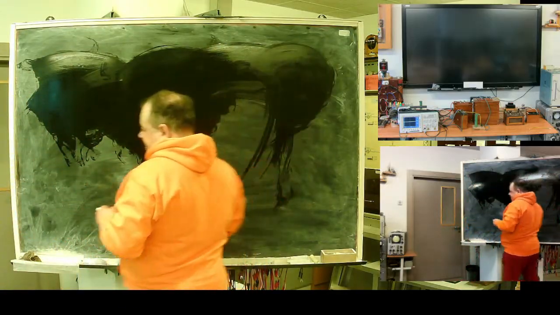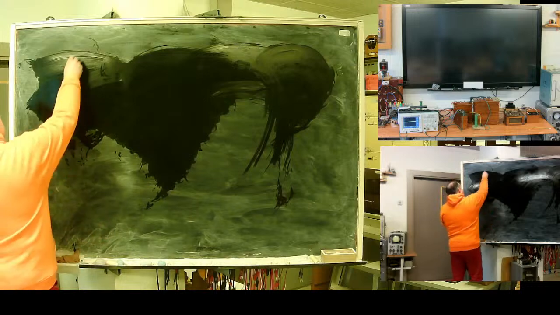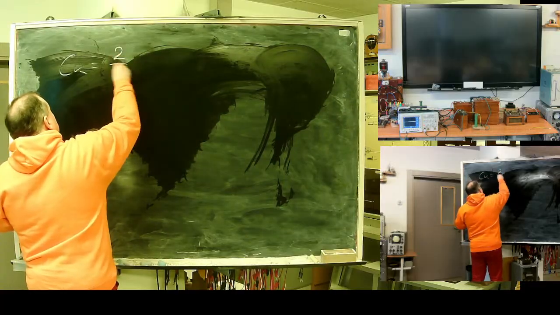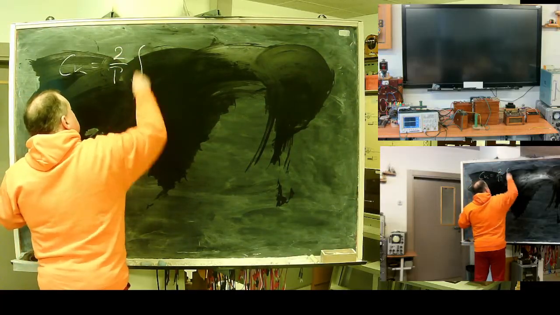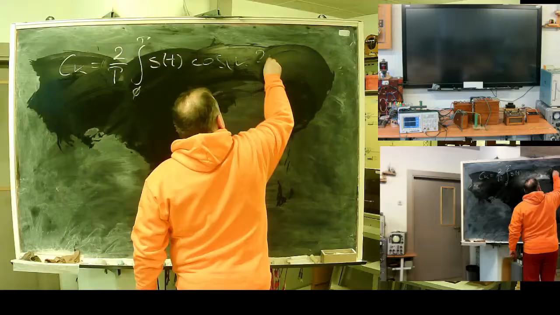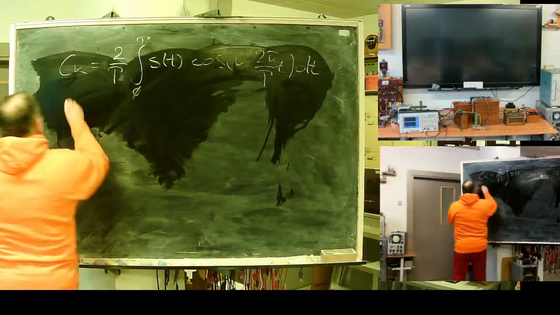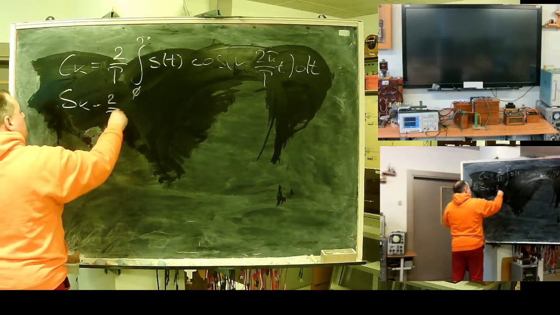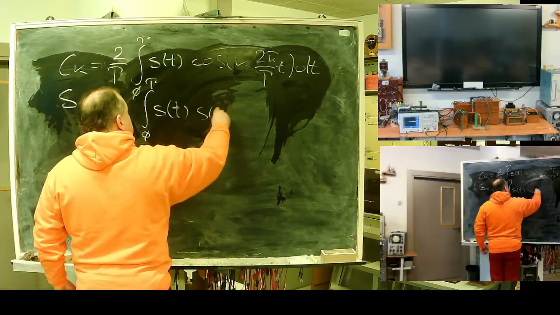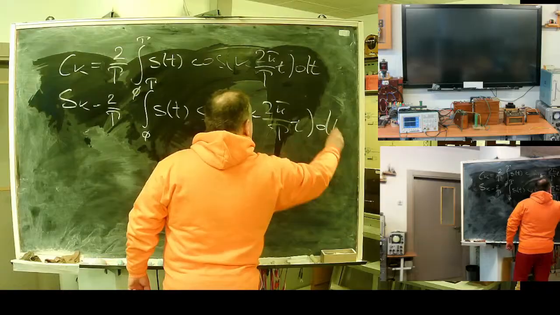So I will need to calculate the cosine factor as 2 divided by T, integral from 0 to T, of my signal multiplied by cosine of 2 pi t over T, and the sine factor as 2 divided by T, integral from 0 to T, of my signal multiplied by sine of 2 pi t over T. It's simple.